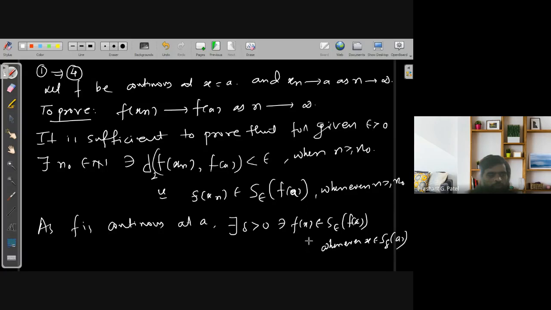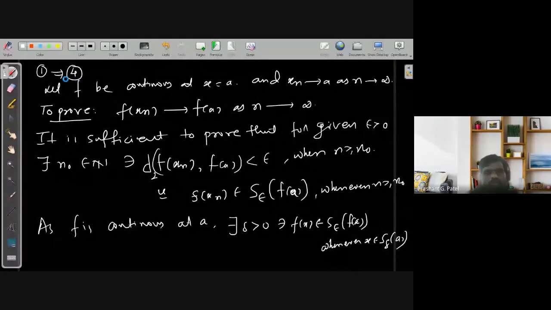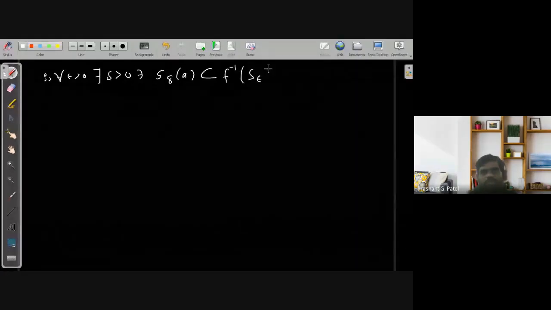So ultimately what we can say from this definition is that for given epsilon greater than 0, there exists a delta greater than 0 such that S delta of a is a subset of f inverse of S epsilon of f of a.